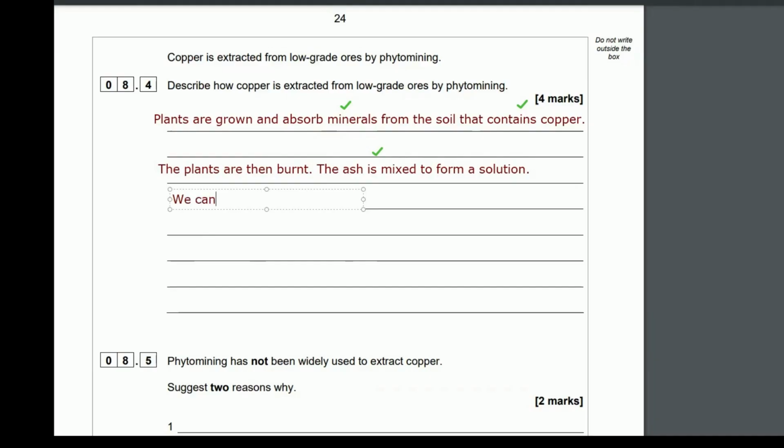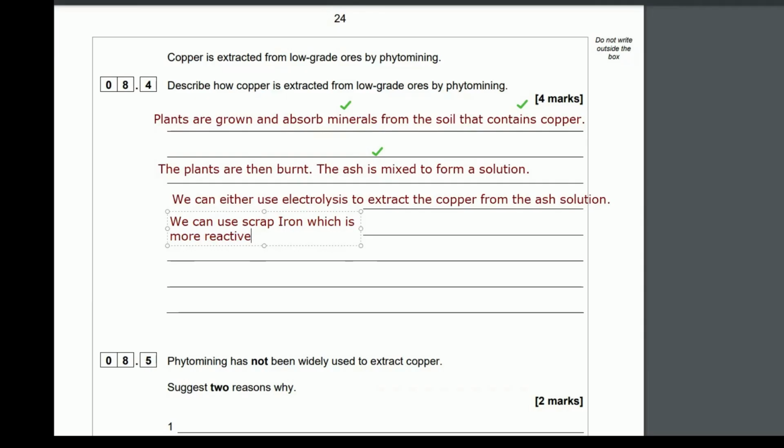We can either use electrolysis, which uses electricity, a little bit less environmentally friendly, to extract the copper from the ash solution, or instead, and more environmentally friendly, we can use scrap iron, which is more reactive than copper.